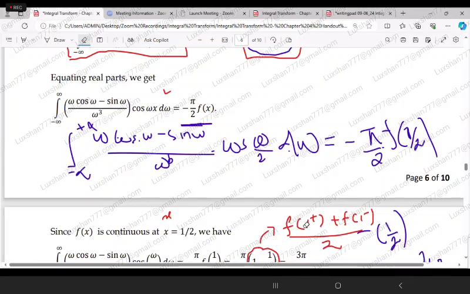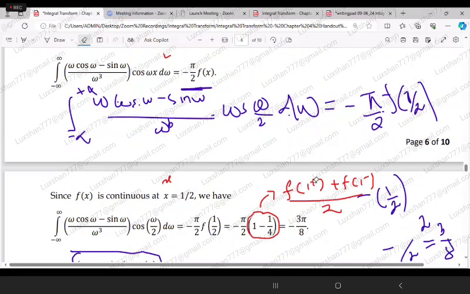Therefore, I have to remember the very first class: if the function is not continuous, then I have to put f(1 plus) plus f(1 minus) divided by 2. But here, luckily, at x equal half, the function is continuous. Therefore, I can replace f(half). So minus pi by 2 and f(half) is 1 minus 1 over 2 square, that is 3 over 4. Therefore, I am getting this one.